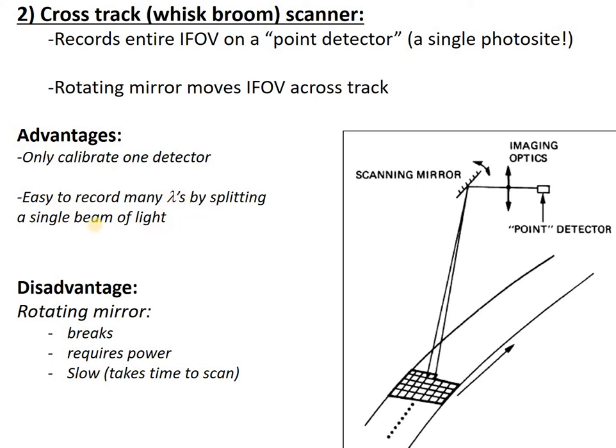So you really have one detector, or one detector per wavelength. The disadvantage is you have some moving parts. You have a rotating mirror that can break. It requires power, and it may be slow as you have to scan back and forth. That may limit the pixel size that you can actually obtain.